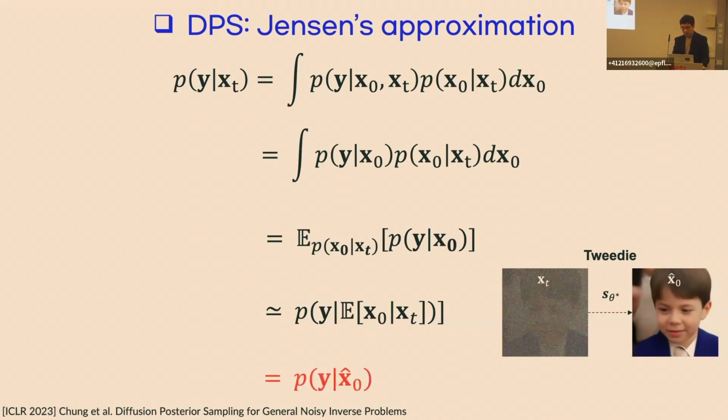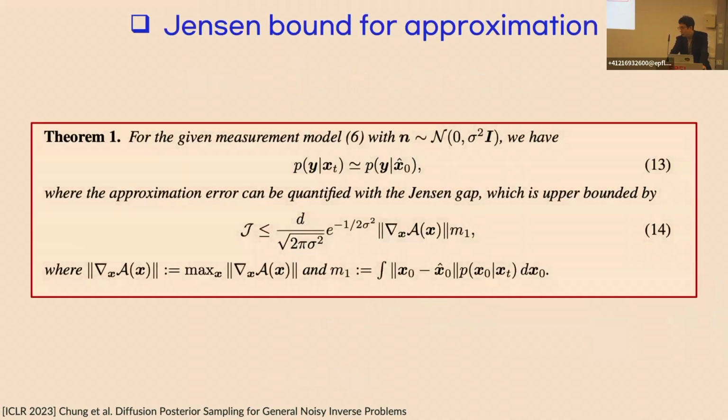So this is not Jensen's inequality, but we found in the literature that it has been studied in statistics and is known as the Jensen gap approximation. So we can actually bound the error of this kind of approximation.